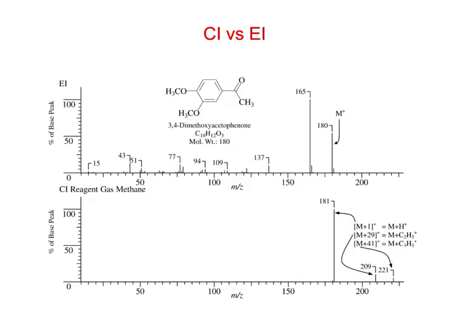Okay, so the big advantage to using CI usually is that we have a much better chance of seeing the molecular ion. And when I was in grad school, back then, we oftentimes would get just an EI and a CI, so we'd get that pair of experiments performed.